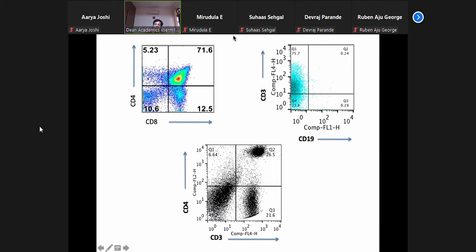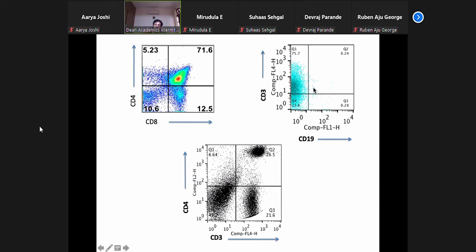Okay, now from the same organ, if you stain for this marker, which we call CD3. CD3 is a pan T cell marker, so it should be expressed on almost all of the T cells.